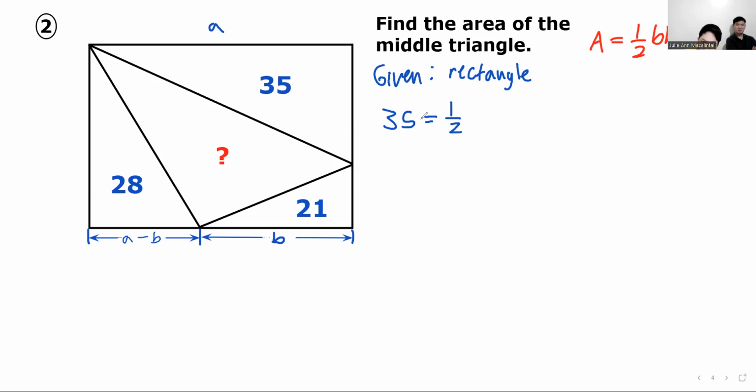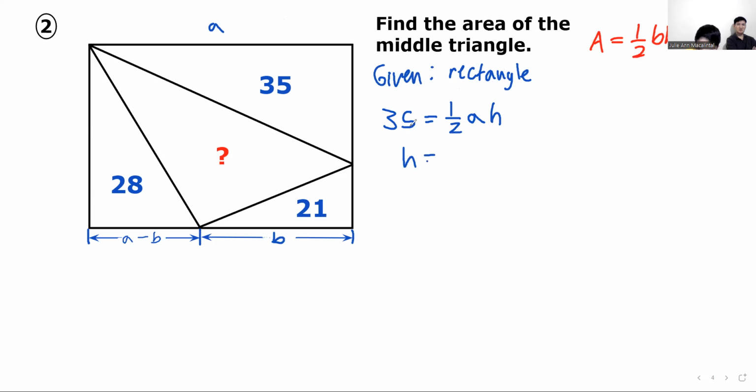Let's use A as base. Since this is a right triangle, the height must be the other leg. So the other leg, let's call it H, because we haven't found the other height.